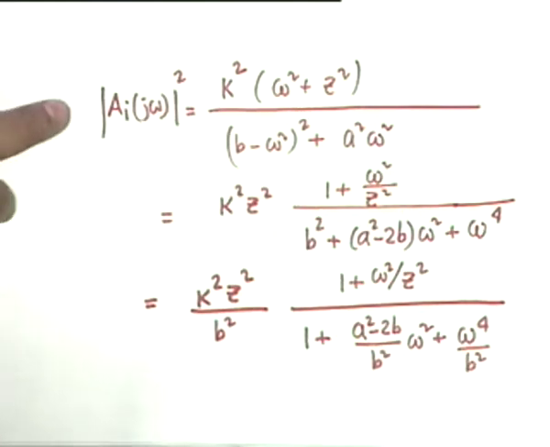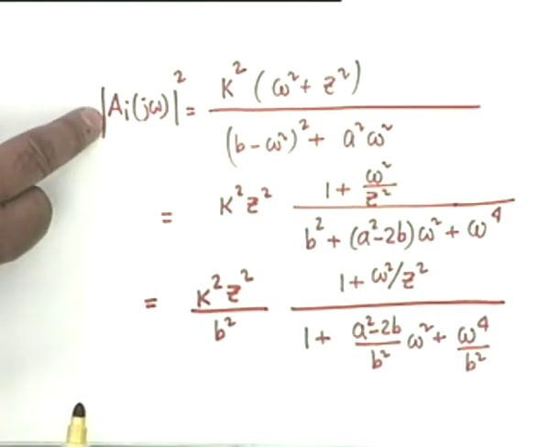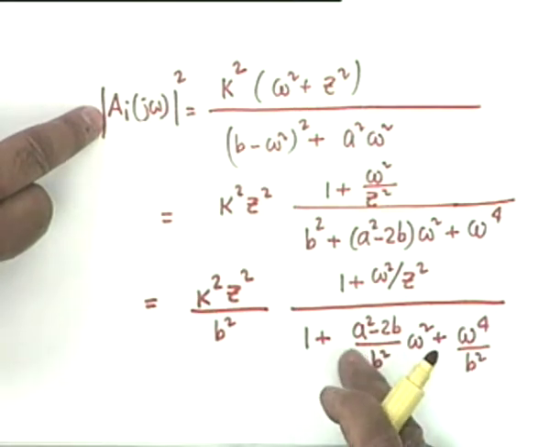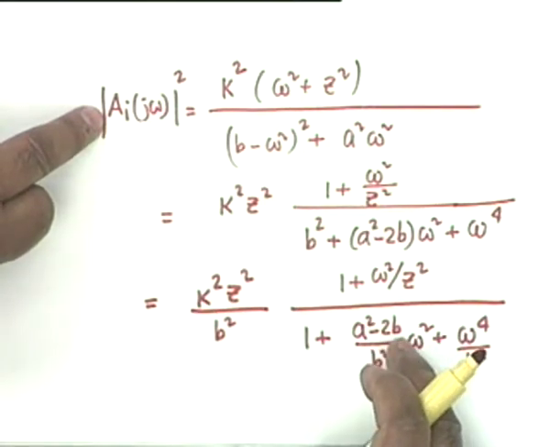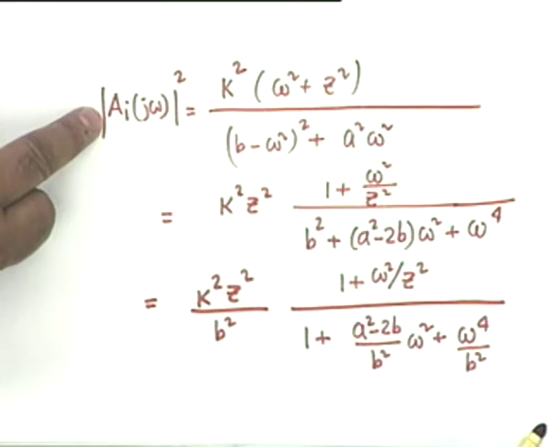Obviously, the response of this transfer function will depend on the relative values of a and b, right? And a and b can be so selected that the response has a peak, or it does not have a peak. We don't want a peak because our purpose is to wideband the amplifier, so we must avoid this.